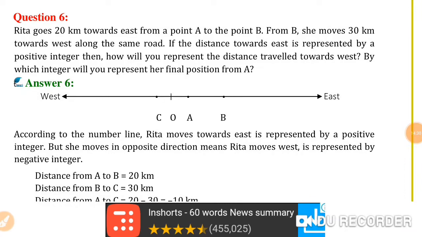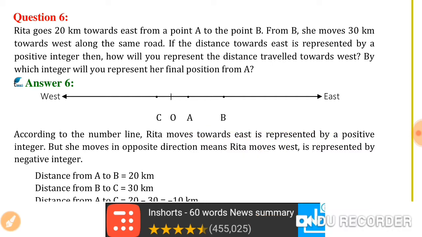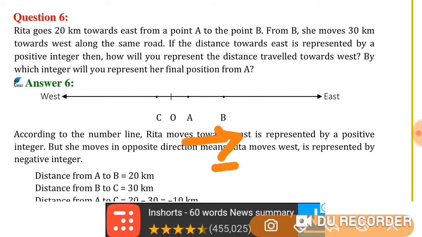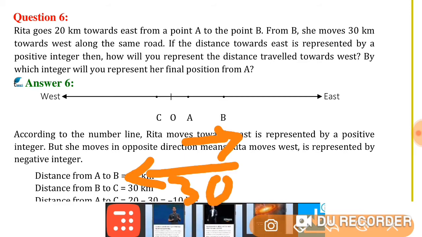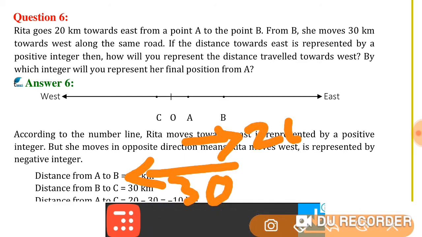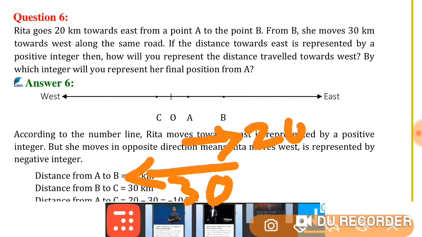Rita goes 20 kilometers east from A to B. From B, she moves 30 kilometers towards west along the same road. First she goes A to B, then from B to west along the same road. So it is 30 kilometers and this is 20 kilometers. Keep it in mind.